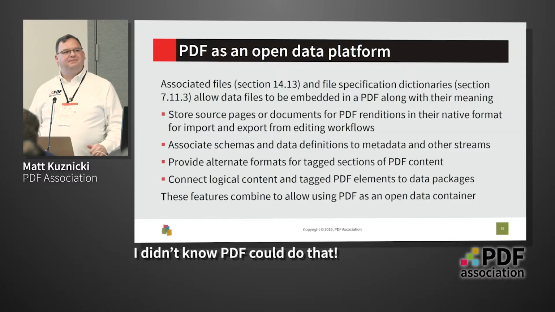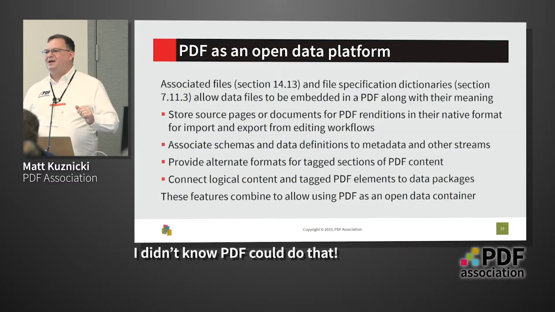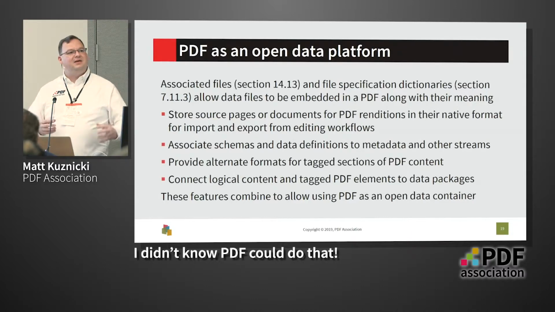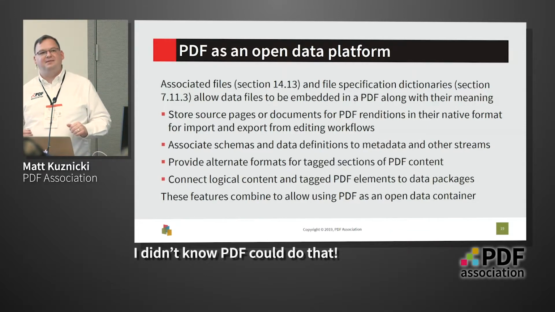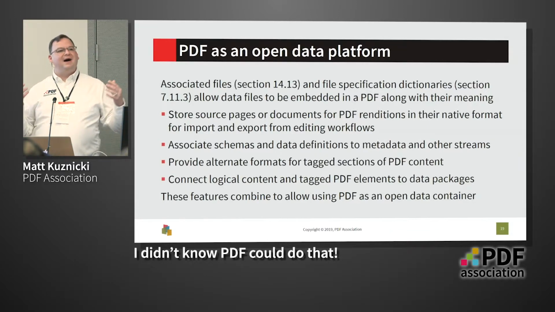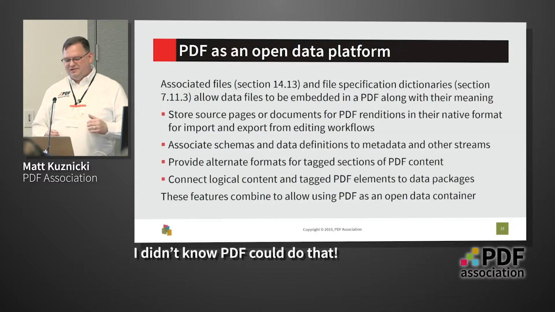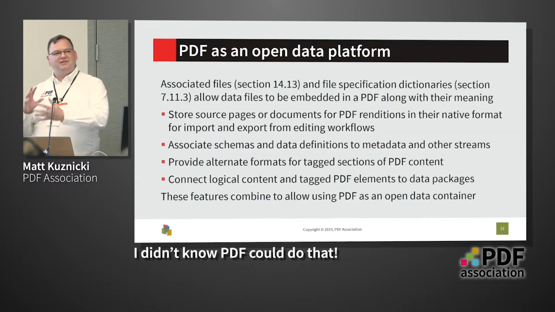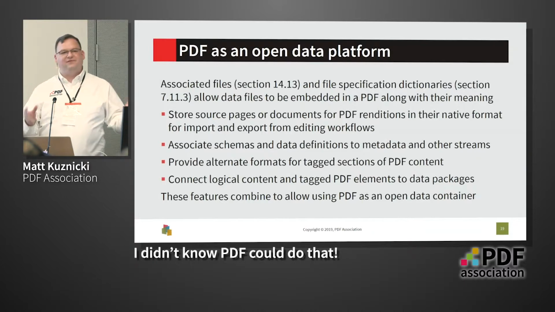We can take a metadata stream and we can associate its schema or its DTD or its other characteristics so that programs know how to process this metadata. We can provide alternate versions, alternate formats, renditions for tagged PDF content.